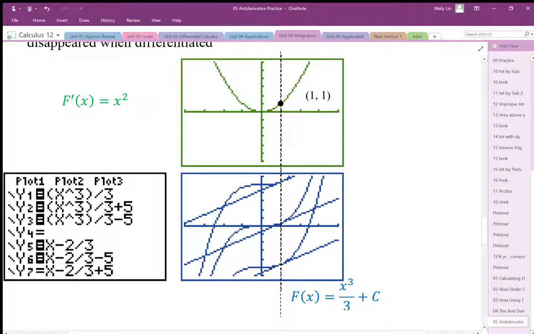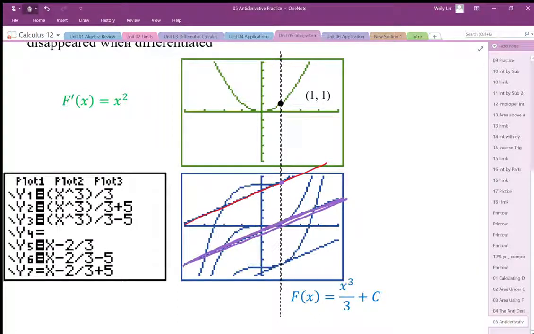And the derivative is telling us only one thing. It doesn't tell us the position of the original graph. It just tells us the slope of the original graph. If I look at the slope of the original graph, let's say the plus c was, in this case, plus 5. There's the slope. And if we look at plus 0, the slope at that same point at x equals 1 gives us the exact same slope as the red line.